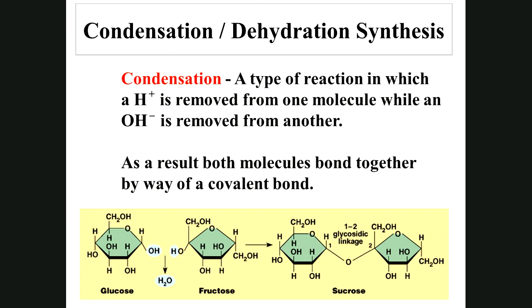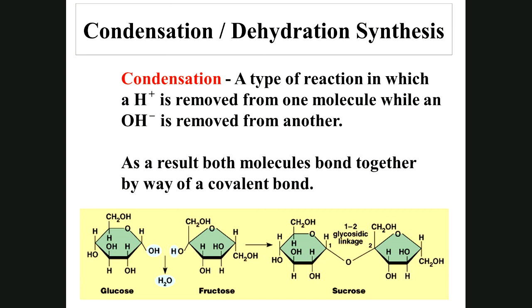As a result, both molecules bond together by way of a covalent bond. Where the hydrogen was taken off of the fructose and the hydroxyl off of the glucose, now they're bound together by that oxygen that was still hanging there. And it makes a disaccharide, a double sugar called sucrose. These 2 are simple sugars called monosaccharides.